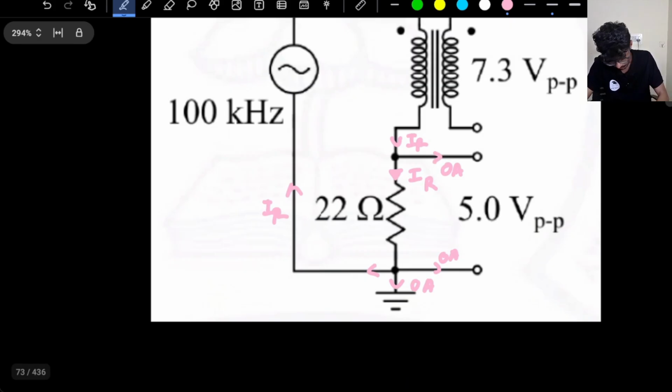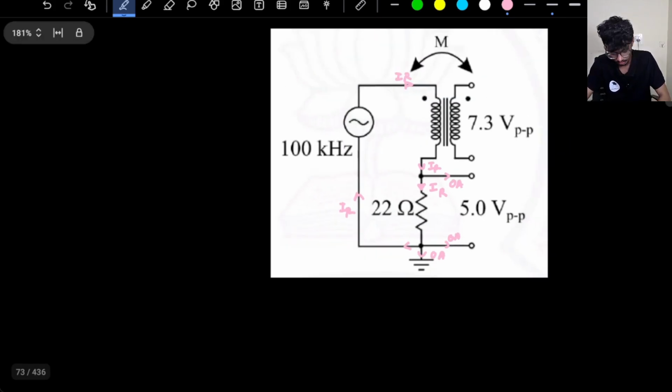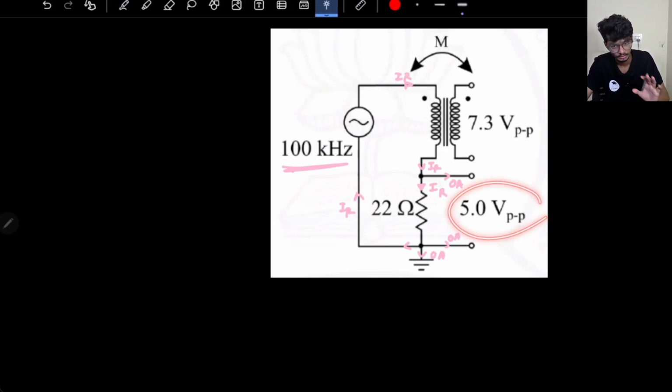Okay, so they are saying we are providing a 100 kilohertz source and I'm getting 5 volt peak to peak voltage. Everything is written in terms of peak to peak. So if I calculate any current, that also will be peak to peak. Okay, don't get confused. If I am calculating the current, that current will come out to be peak to peak because voltage is peak to peak.